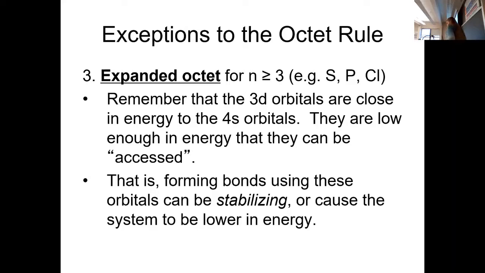So we have those 3d orbitals. They're not filled with electrons, but they're hanging out nearby to where the electrons are. So the explanation that is often given is that they're low enough in energy that they can be accessed. That means that they can kind of borrow those orbitals.